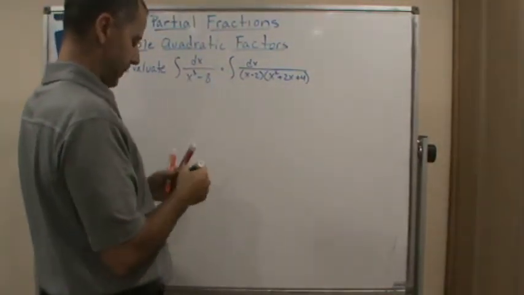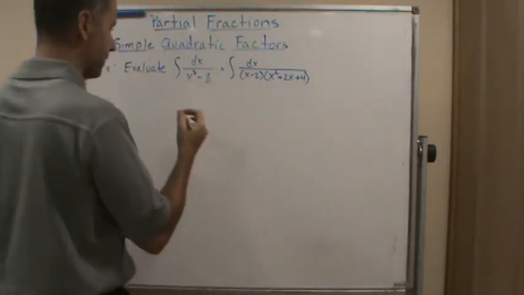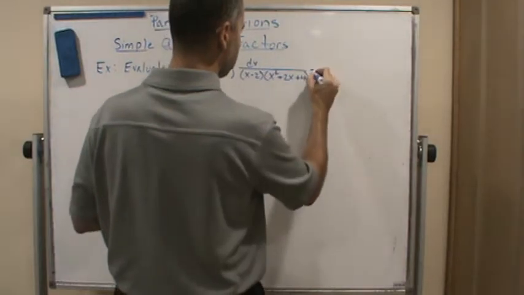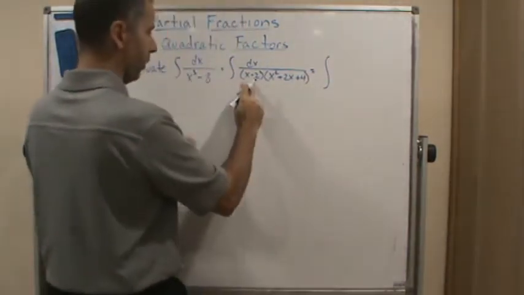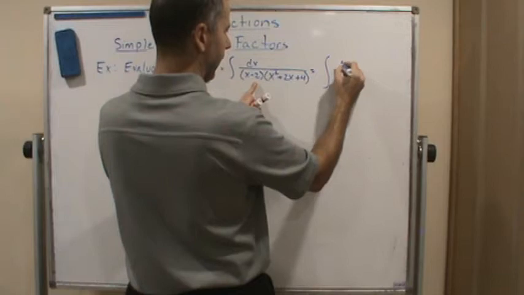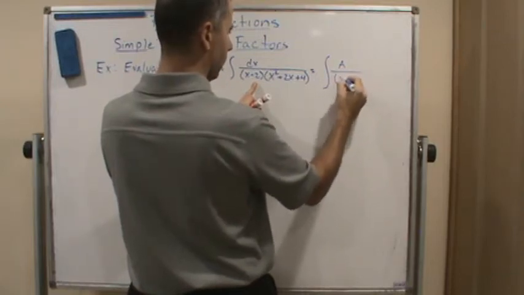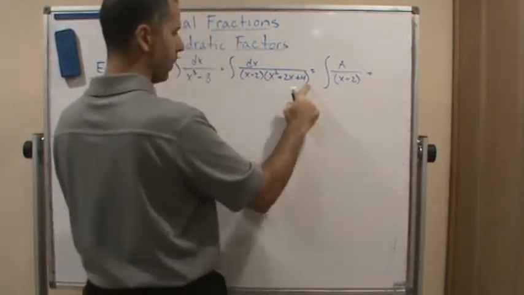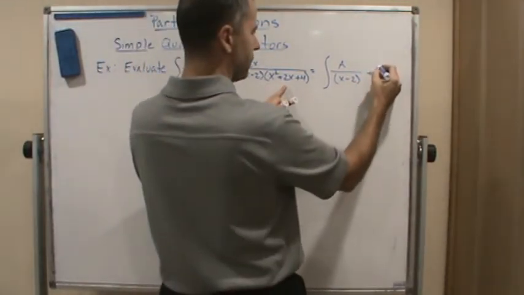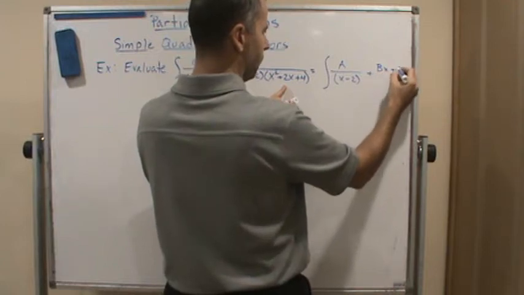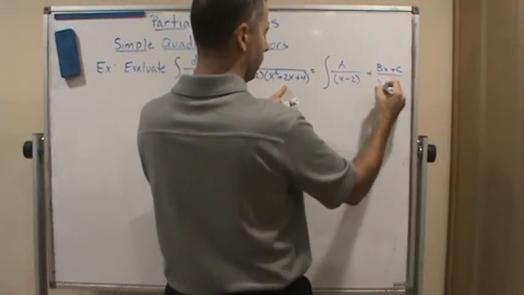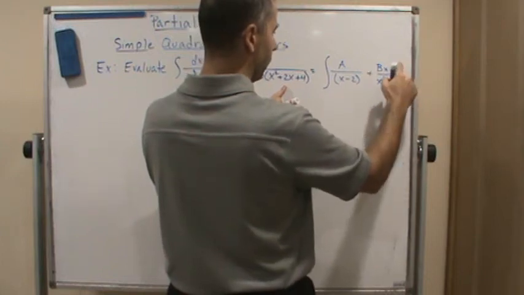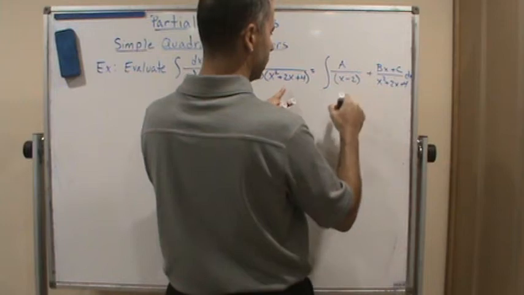Now we need to set up our decomposition. So again, this is going to equal, since we have a linear term, A over x minus 2 plus, now this is an irreducible quadratic, so the next term is going to be Bx plus C over x squared plus 2x plus 4, dx.